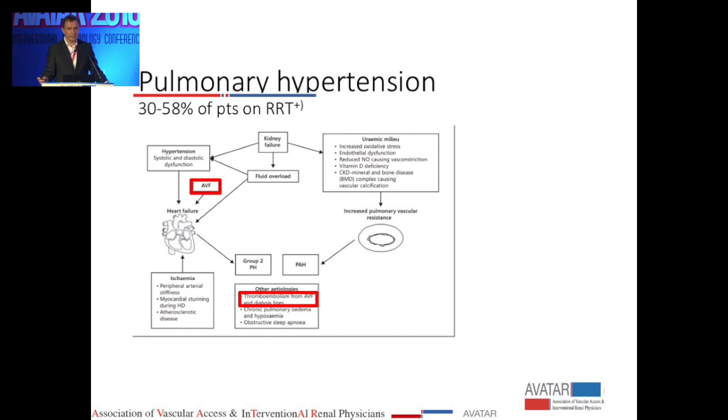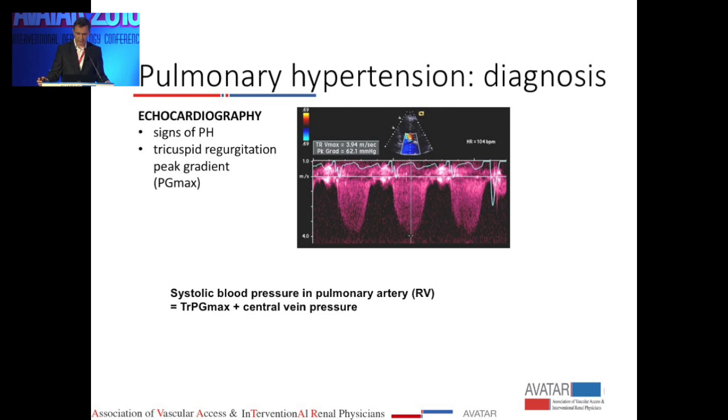AV fistula is linked to pulmonary artery pressure, although it is not the only reason of pulmonary hypertension. It is linked by the increase of cardiac output, because if you remember from physiology, pulmonary vascular resistance is related also to cardiac output, and other factors could include some thromboembolism after thrombolysis of a vascular access.